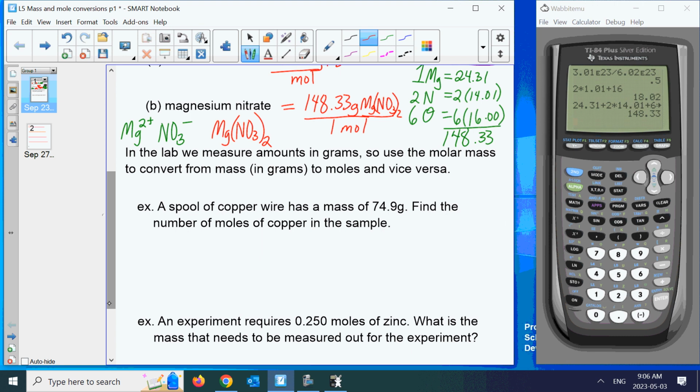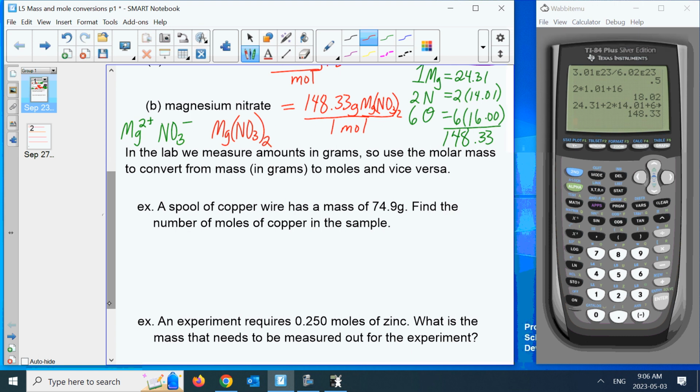So I've mentioned this before, but in the lab we measure amounts in grams. So we use molar mass to convert from grams to moles, or vice versa, moles to grams. Now, the spool of copper wire, you guys could see it before. Last time I weighed it, it was 74.9 grams.